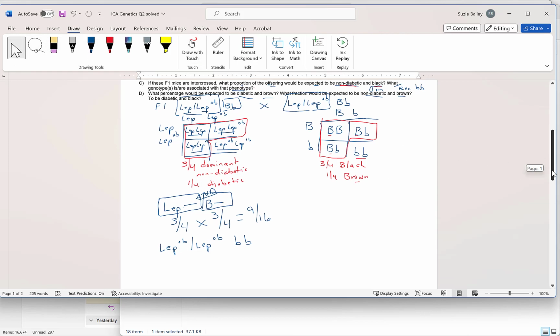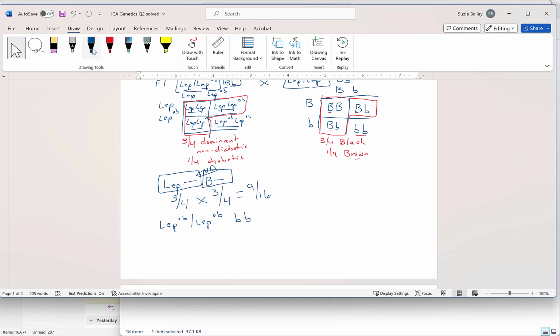And if we look at our small Punnett squares, what is the likelihood of having homozygous recessive genotype at the leptin gene? Well, that's right here. Homozygous recessive is our 1 out of 4, right? So 1 out of 4. Likewise, homozygous recessive at the B gene, 1 out of 4.